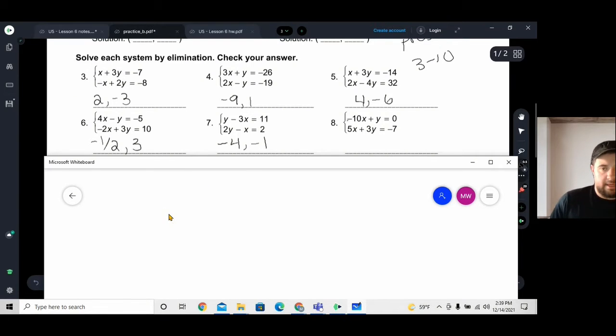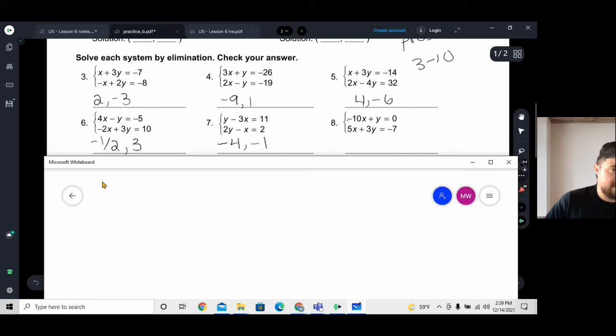All right, number 8. When I look at this equation, negative 10x plus y equals 0, and then I look at 5x plus 3y equals negative 7, I notice my negative 10x versus my positive 5x. And I'm going to do my best to cancel these two variables. 5 is a multiple of 10, so it's real simple to take this bottom equation right here and multiply it times 2.